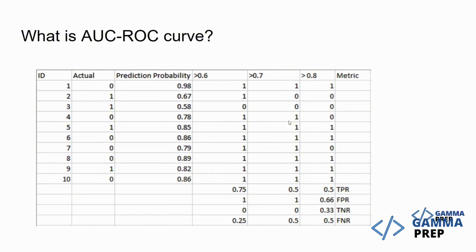So the number of true positives, true negatives, false positives, and false negatives would vary depending on the threshold. That's why your TPR, FPR, TNR, and FNR will vary.